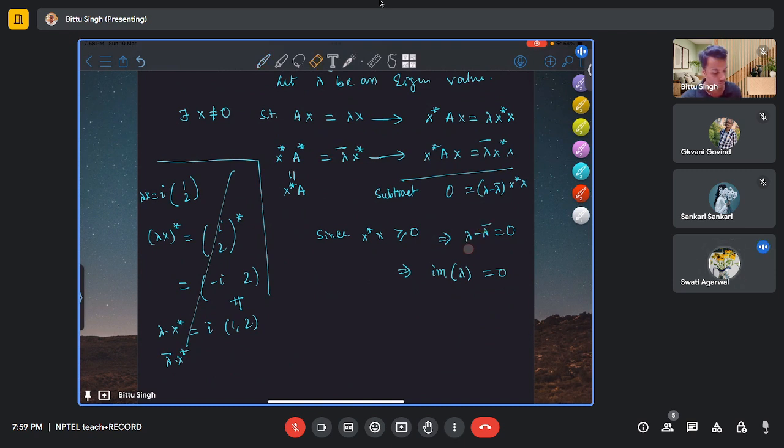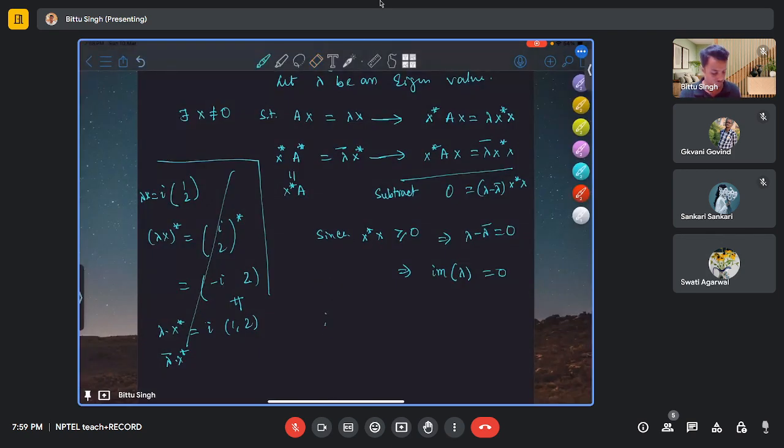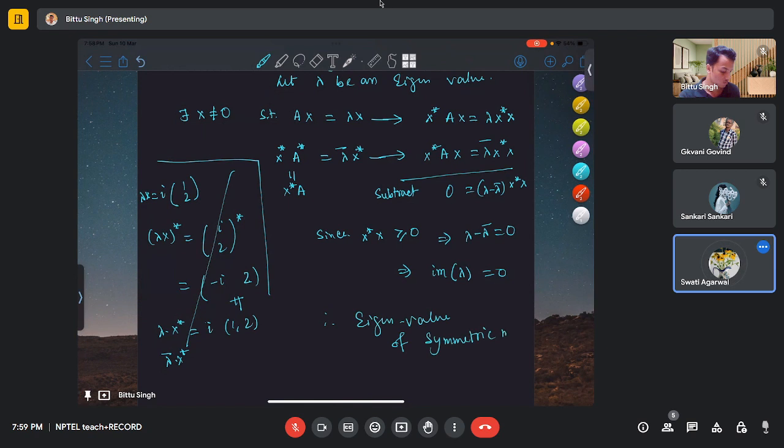So that is what we have written explicitly. And from here, now we can say that the eigenvalue of a symmetric matrix is real.